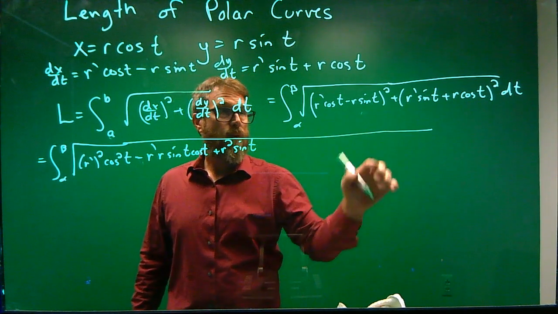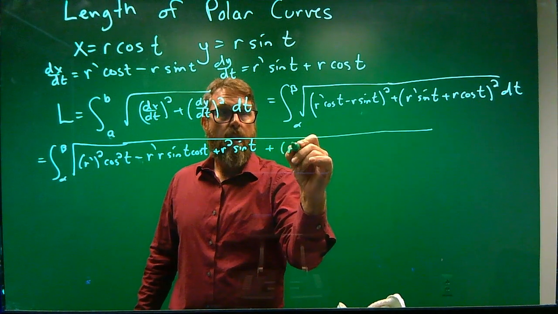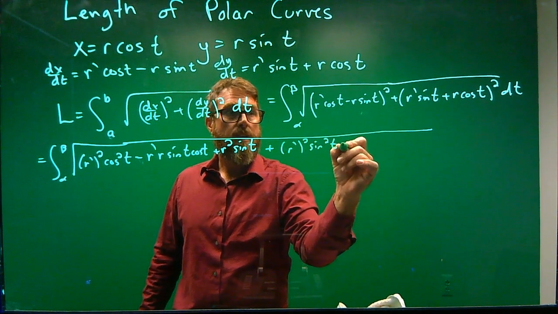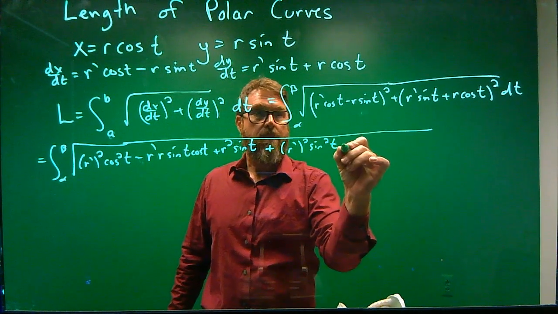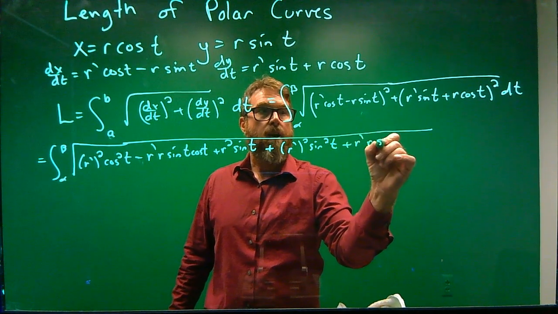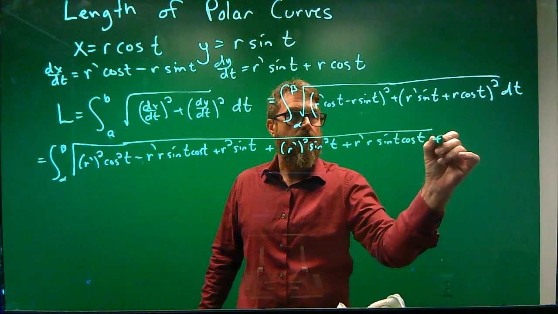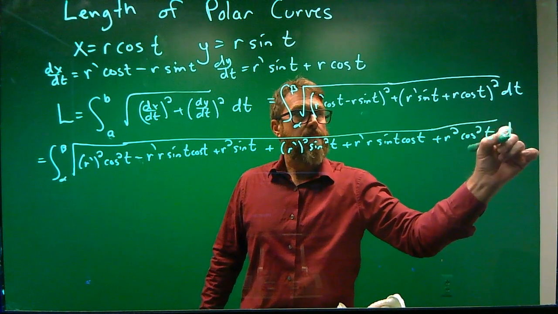And for this one, we're going to have something similar. This is going to be this squared, so r prime squared sine squared of t. Now outside and inside is going to be exactly the same thing as this, except a plus. So r prime r sine of t cosine of t, and then last we're going to have plus r squared cosine squared of t dt.